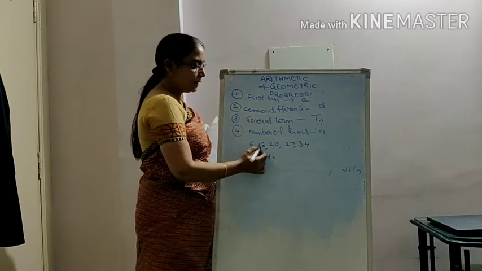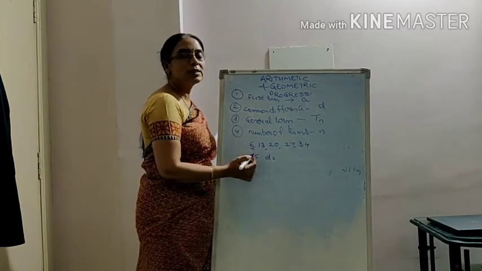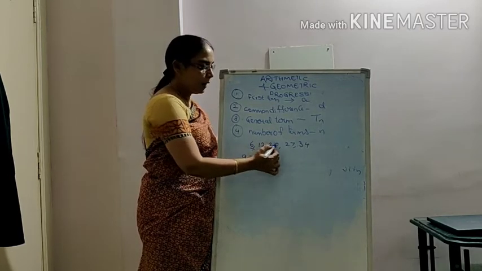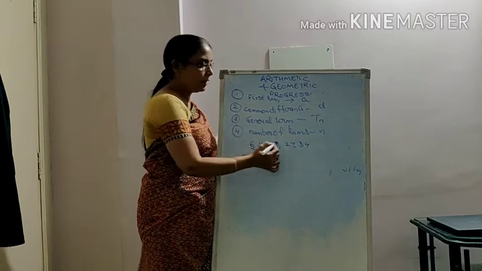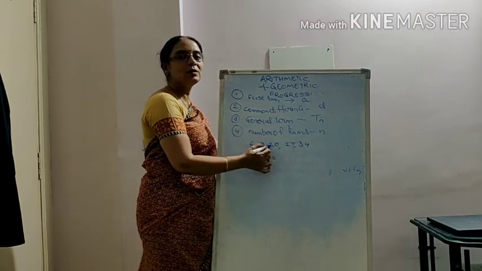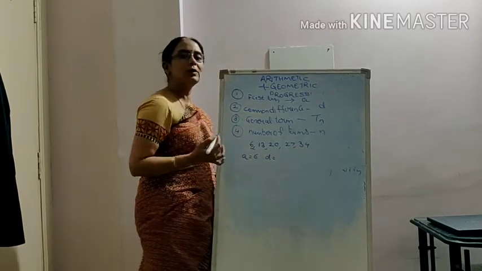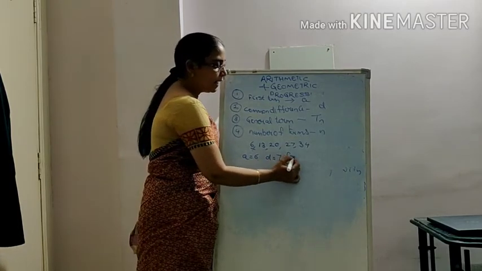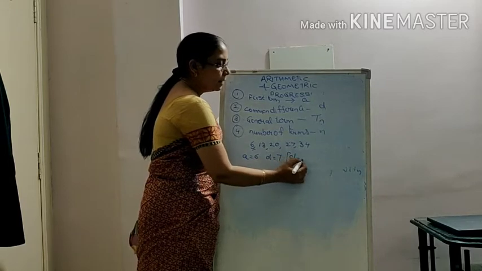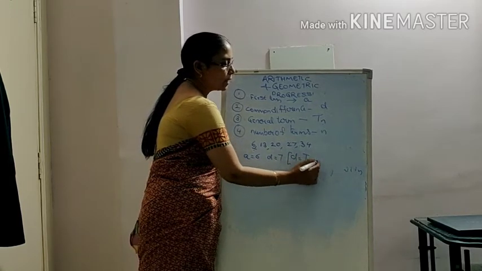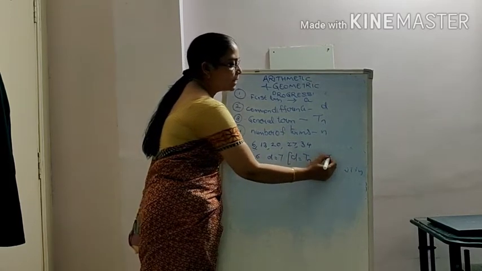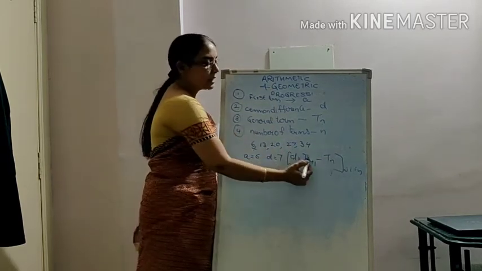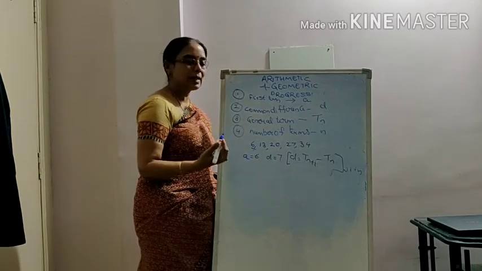The common difference is the difference between two successive terms. 13 minus 6 is 7, 20 minus 13 is 7, 27 minus 20 is also 7. It goes on like this throughout the sequence. So A is 6, d is 7. We can write d as the difference between two successive terms, so we can write Tn plus 1 minus Tn, the next term minus the preceding term.